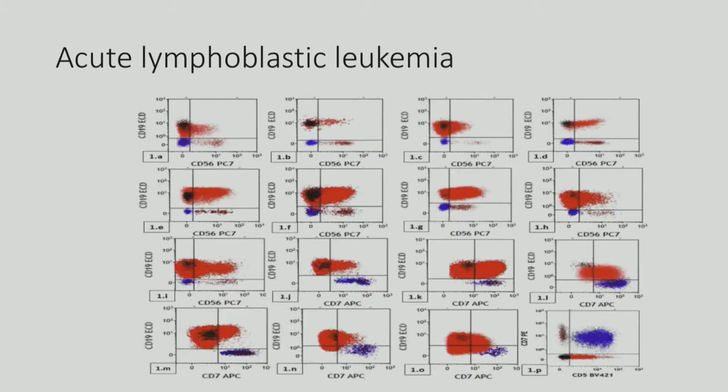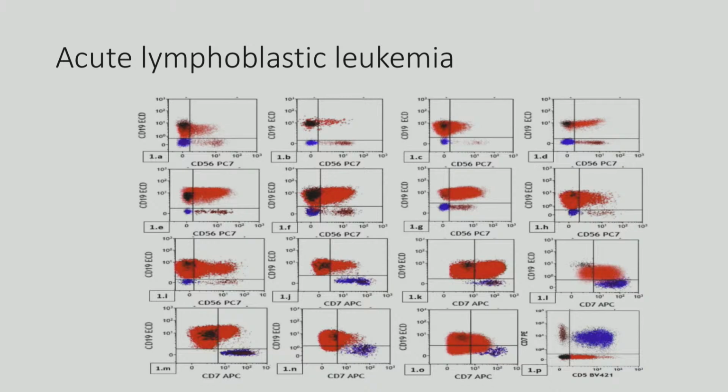Coming to acute leukemia, we have three different subcategories grossly. One is T cell type, then B cell type, and then mixed phenotypic type. There are classical markers which are used to diagnose each leukemia. If we have a B cell leukemia, we mainly look for CD10, CD19, and CD20 and other markers.